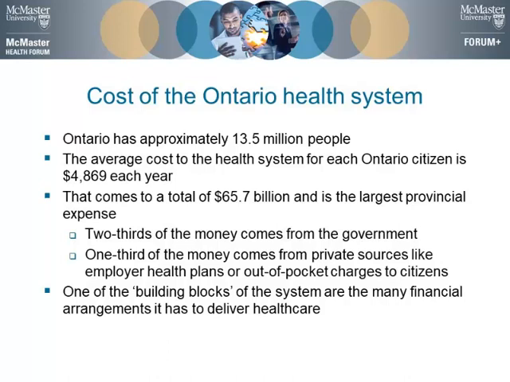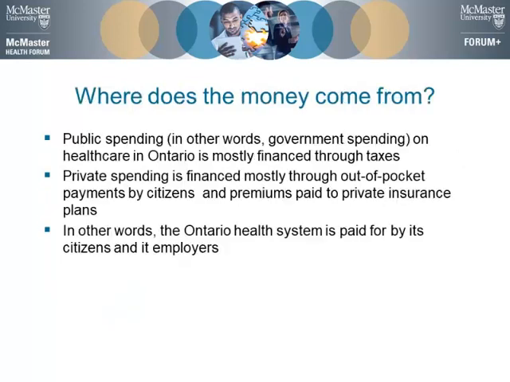One of the building blocks of the system are the many financial arrangements it has to deliver health care. Public spending, in other words, government spending, on healthcare in Ontario is mostly financed through taxes. Private spending is financed mostly through out-of-pocket payments by citizens and premiums paid to private insurance plans.